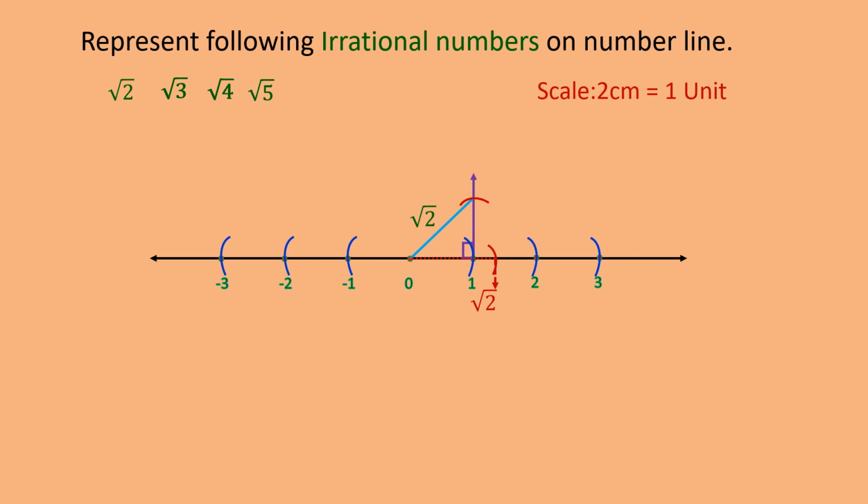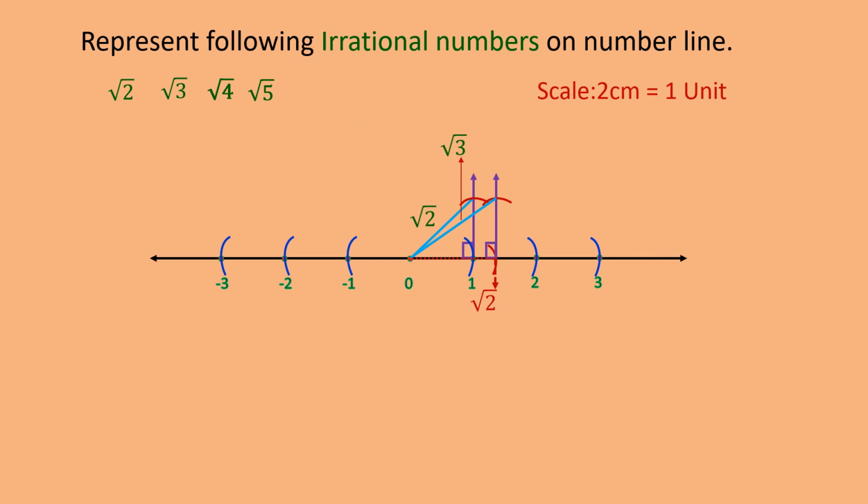Now let us go for the next one. On root 2 I will draw a perpendicular. Then I will take 1 unit again above the horizontal line. See here, on the base part of the triangle we have root 2, and the height part is 1 unit, and therefore the new hypotenuse will become your root 3.